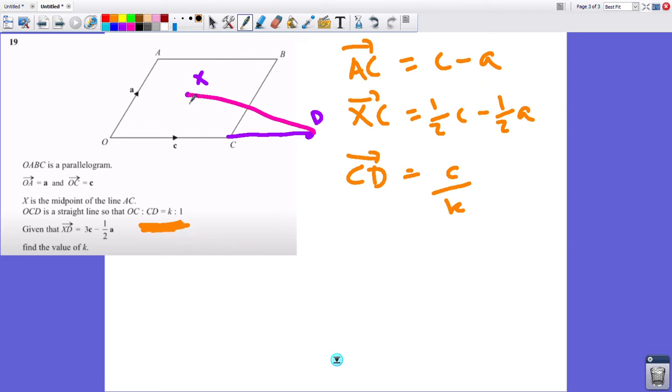Then I can work out the vector XD. So vector XD, I'll just do that by adding together what I found for XC and then CD.